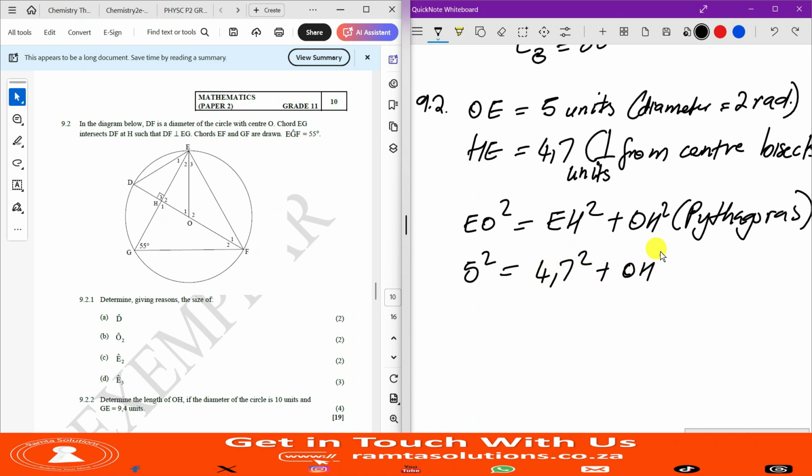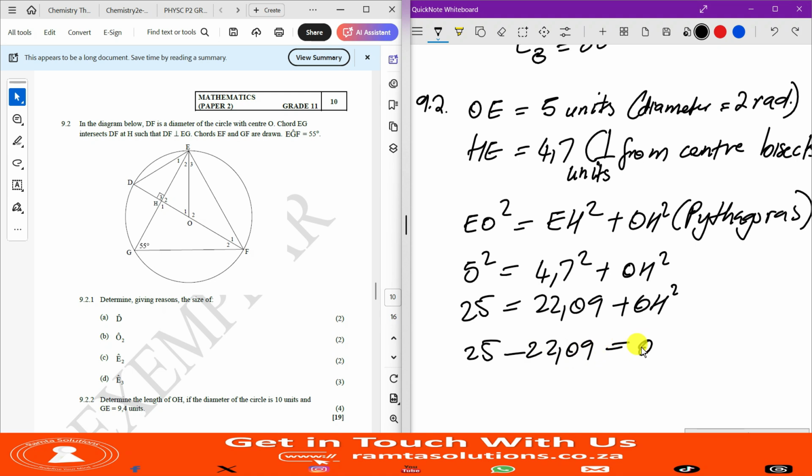We do not know. So this is 25 equals 4.7 squared, which is 22.09, plus OH squared. Because this is Euclidean geometry, I don't have to stress, but for those who might be struggling with this, I will simply show you how I'm getting to my answers.